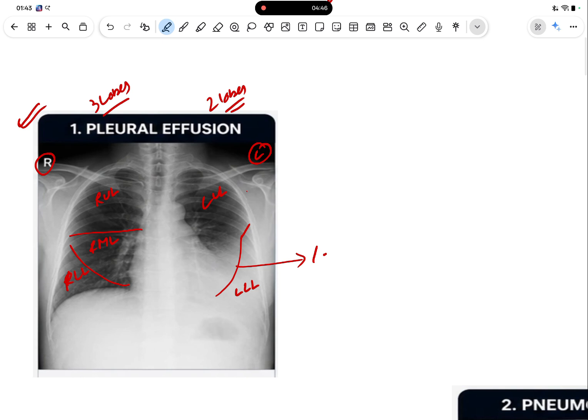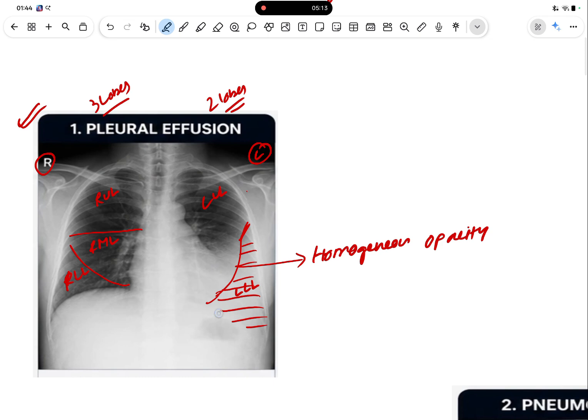We can clearly see that in the left lower lobe there is homogeneous opacity. Since there is a whitish area, these are radio-opaque, meaning the X-rays are not efficiently passing through these areas. It means there should be something, either fluid or solid.